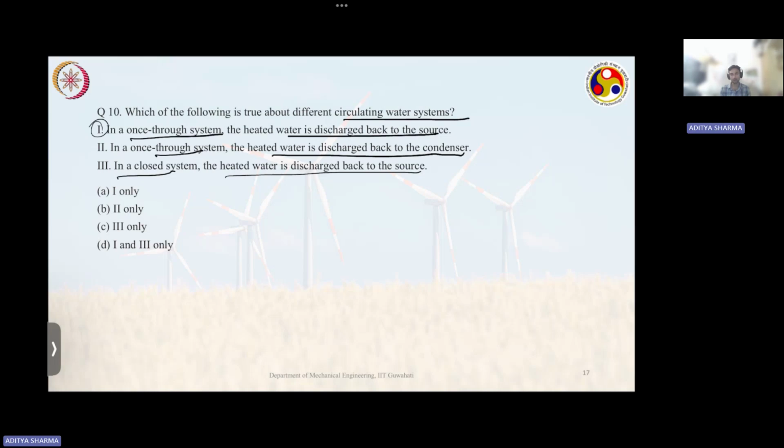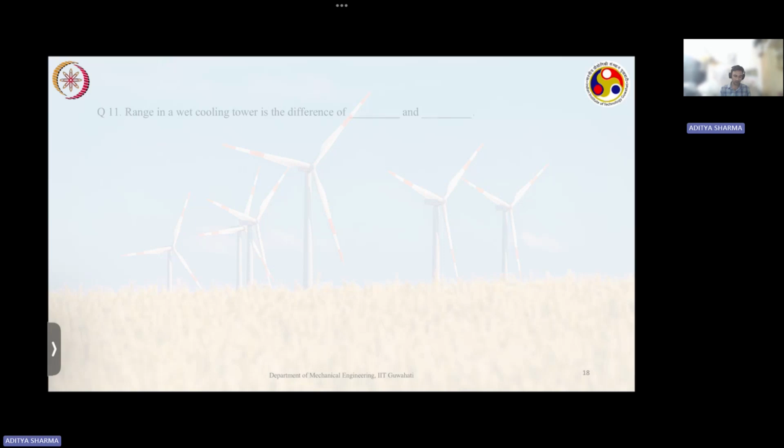It is not given to the condenser, so the second statement is not right. And the third statement says in a closed system it is discharged to the source. No, it is given back to the condenser. In that case, the second and third statements are wrong. So if you see your A, B, C, and D options, it comes out that option A is correct. So this was your question number 10.